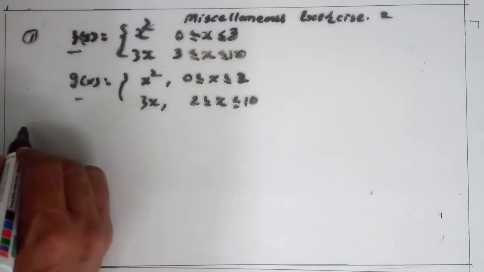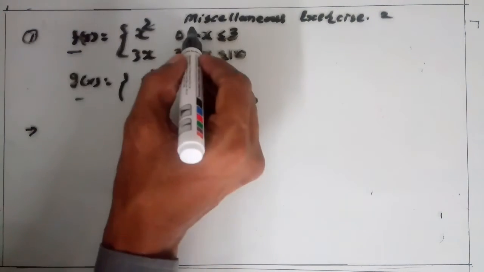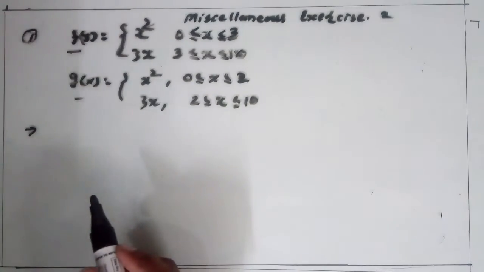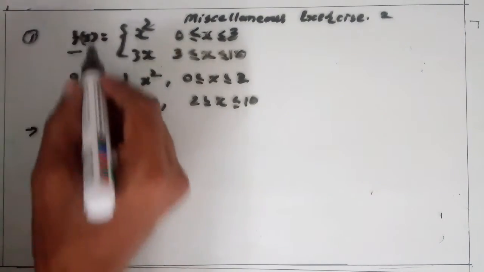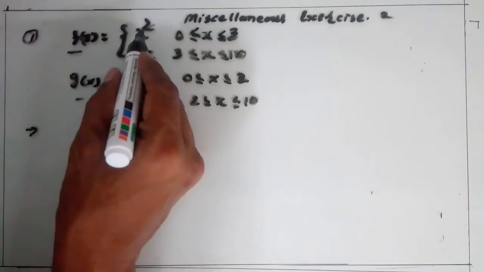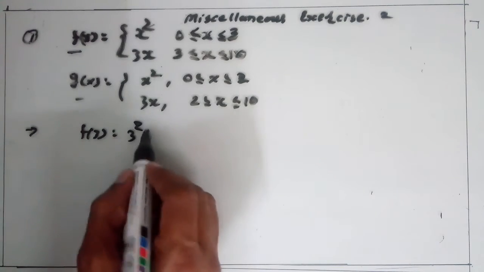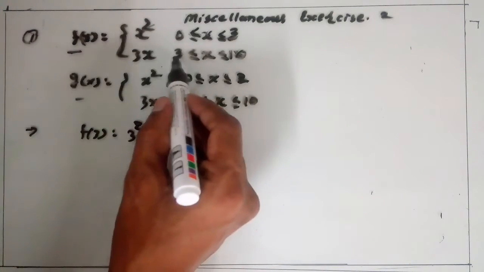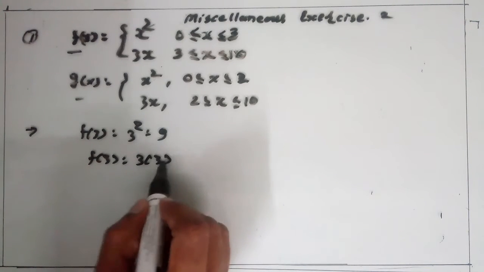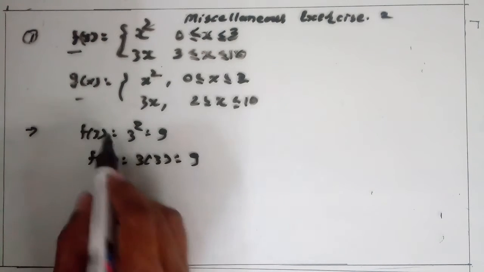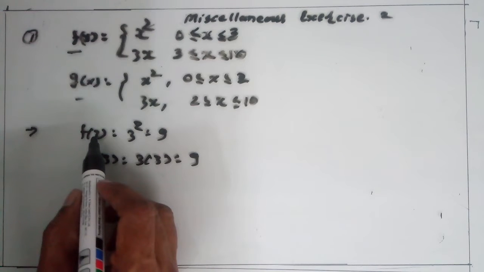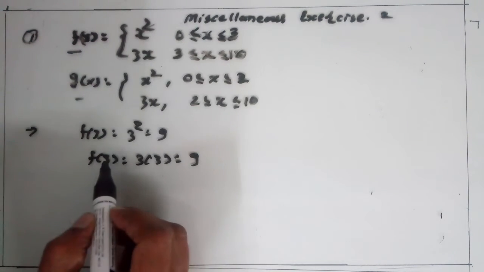Remember this here. We get an image of a different value under f and g. Here f(3) for this relation is 3 square, which becomes 9, and for this relation f(3) is equal to 3 into 3, which is 9. Both are equal. So the image of 3 is 9 in both.